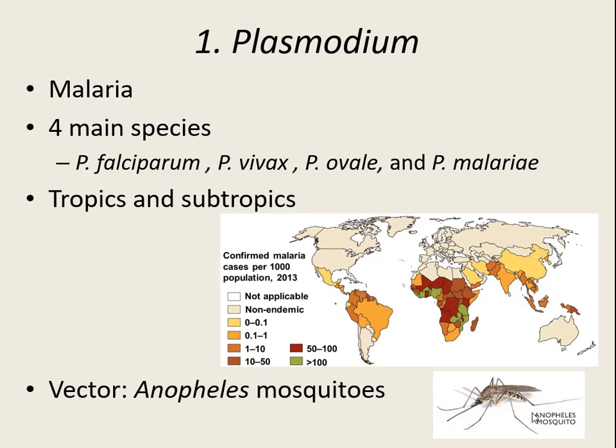So the Plasmodium, most people haven't heard the word Plasmodium before, but you may have heard of the disease that it causes, which is malaria. Now there are 4 main species of Plasmodium that cause malaria. They all do the same thing, they're just slightly different species. They're all found in tropic and subtropic regions, and the reason for that is the vector that transmits this particular protozoan is an Anopheles mosquito, a species that can't survive the freezing winter temperatures.